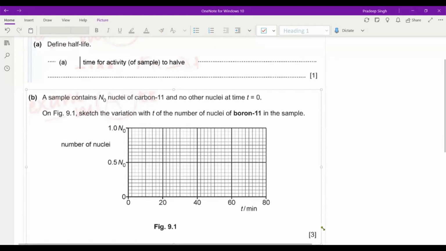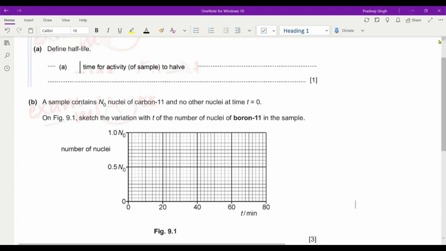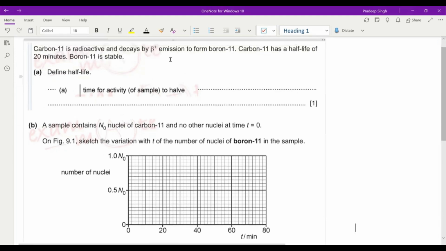Try this. It's a graph. You can scroll down, refer to the main content also.